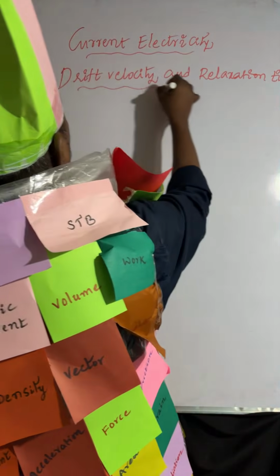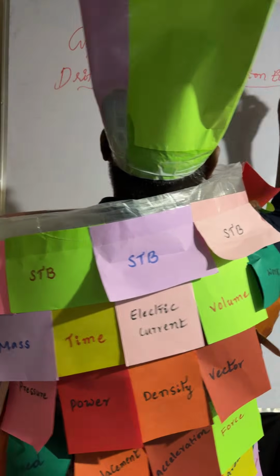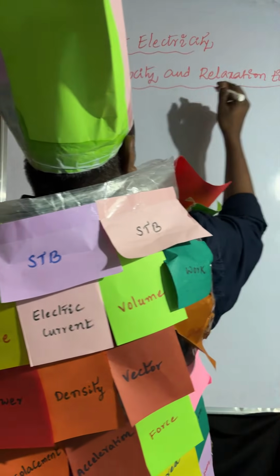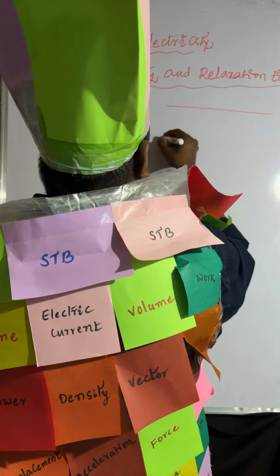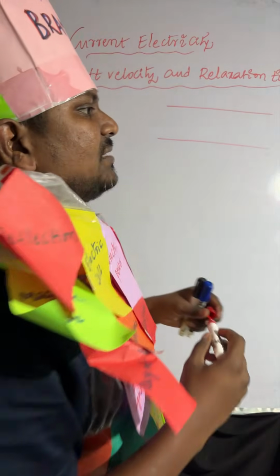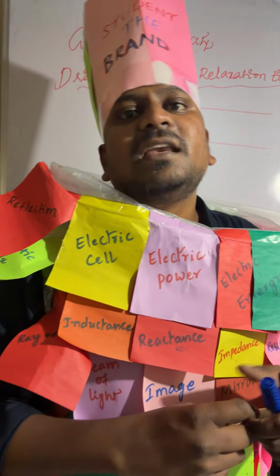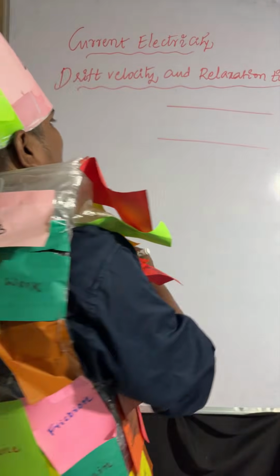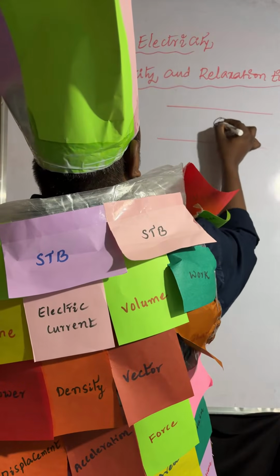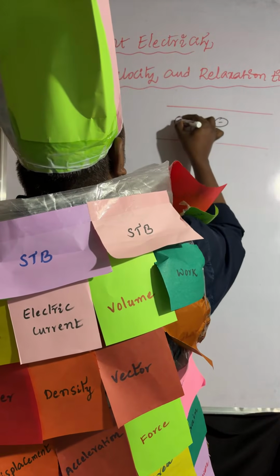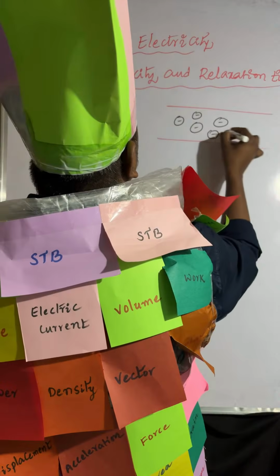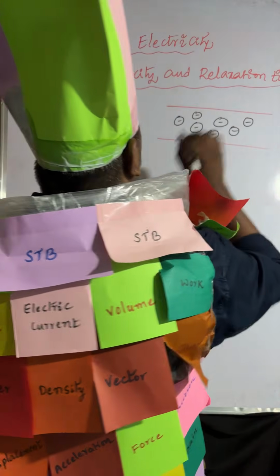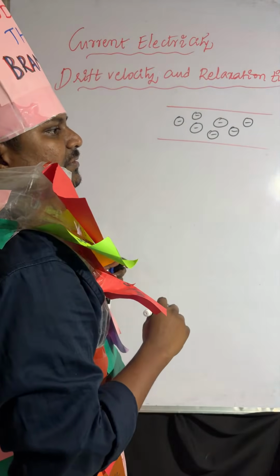So what is meant by drift velocity? When electrons are moving in the conductor, they experience some force.